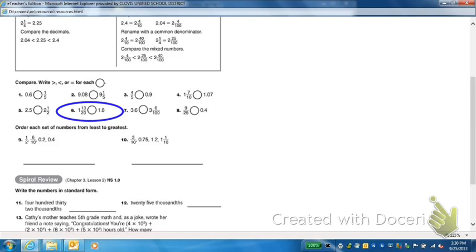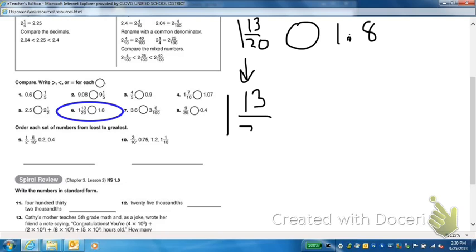Number 6, 1 13/20 and 1.8. So 1.8 is done, 1 8/10. Now we have to change 1 13/20 to a decimal. Now you cannot reduce 13. We would like to change 20 into a 10, but you can't do just 1 without doing the numerator. So for this one, we're going to change it to 100.